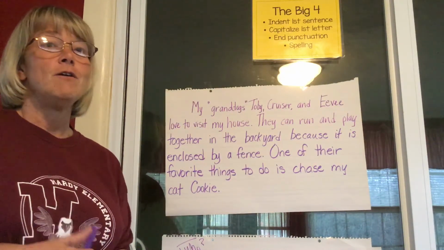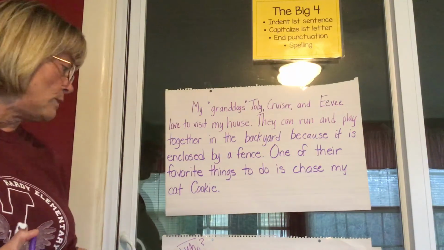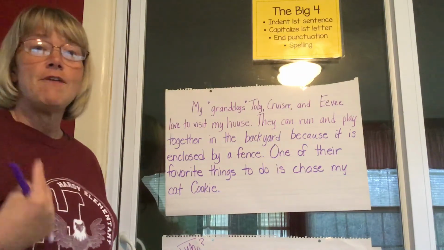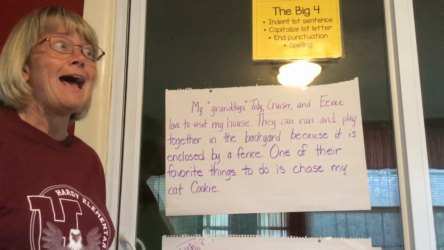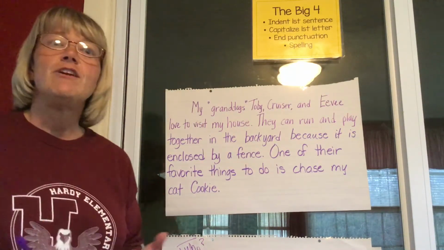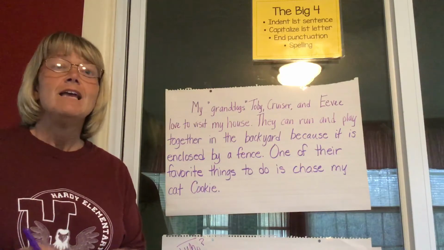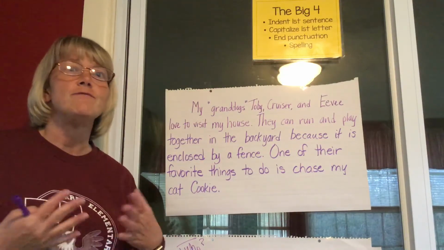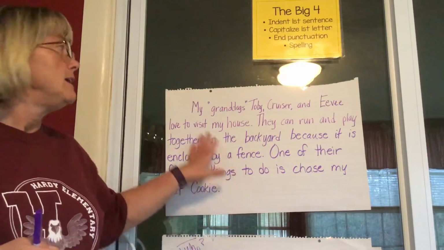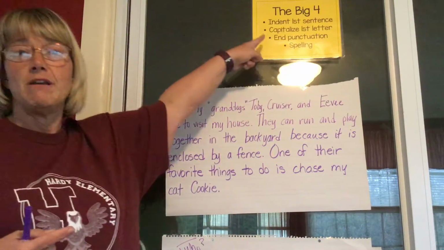So for now, okay, last week your assignment was to do your characters. Think about them. How do they look? How do they act? How do they talk to each other? The other thing was think about your setting. Okay, now you've got all that written down, you've kind of planned it, you need to put it in paragraph form. Okay, give me an indentation. Remember our big 4?